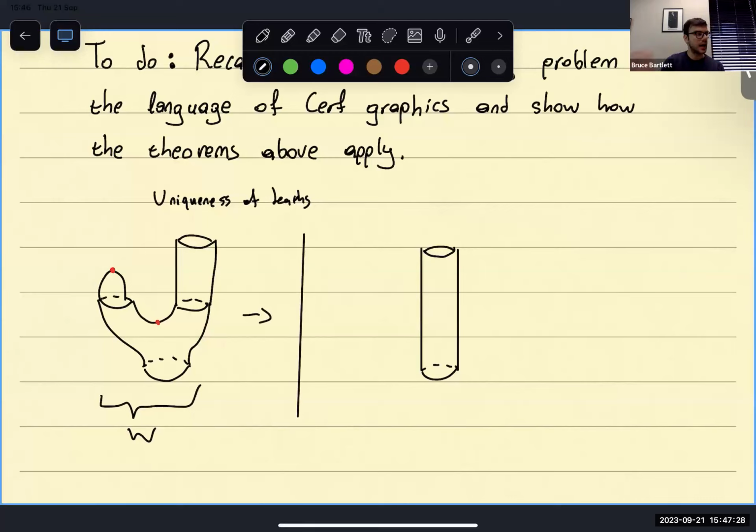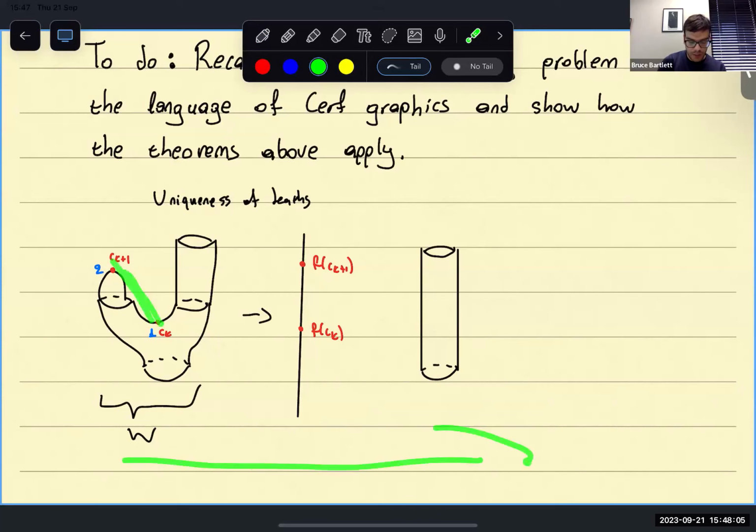I have my two critical values, and I'm calling those c_k and c_{k+1}. This one is of index 1, and this one is of index 2. So we have two consecutive critical points of consecutive index. They are in canceling position, like I just described.